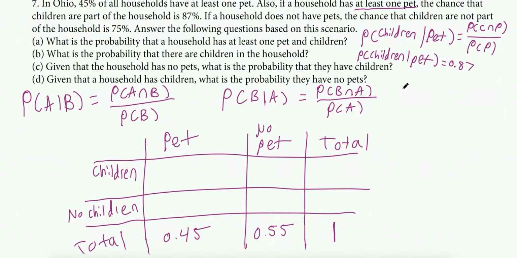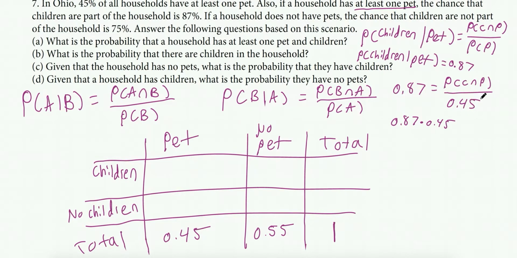If you set this up, it'll be 0.87, which is the children given pet, is equal to the probability of children and pet all over just the probability of having a pet, and that's 0.45. You are going to multiply 0.87 times 0.45, which is just basic algebra. In order to get the numerator, you multiply the denominator and this number over here.